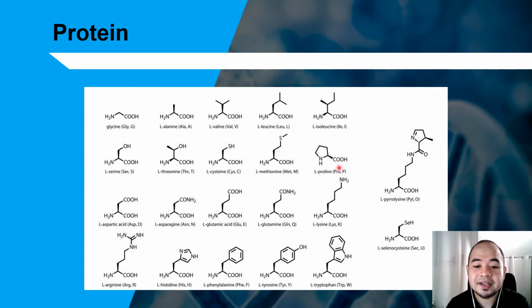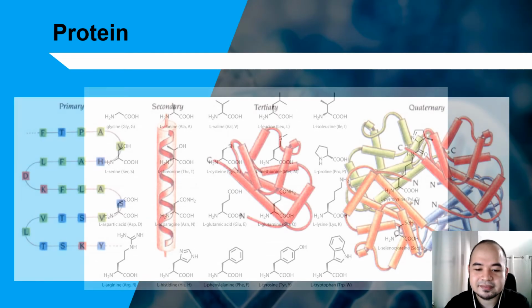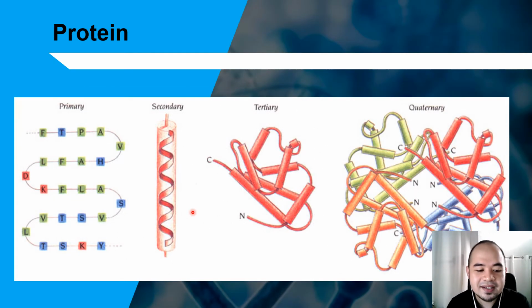These are the different types of amino acid and a different way of representing them as well. When it comes to structure of proteins, we have the primary, secondary, tertiary, and quaternary.